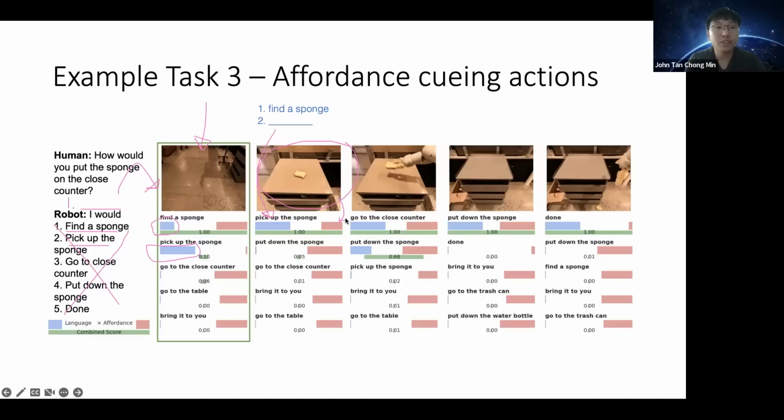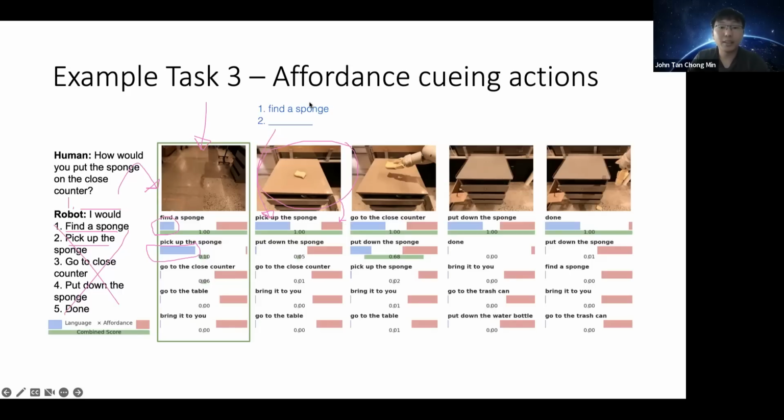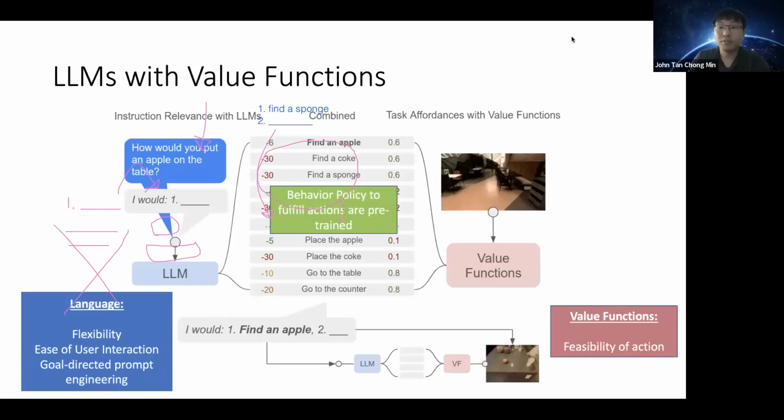Yes, correct. All these actions are pre-programmed already in the robot, like find a sponge, pick up a sponge. These are the axiomatic actions. They are not generated. In order for this SayCan model to work, all these actions here must already be pre-trained.